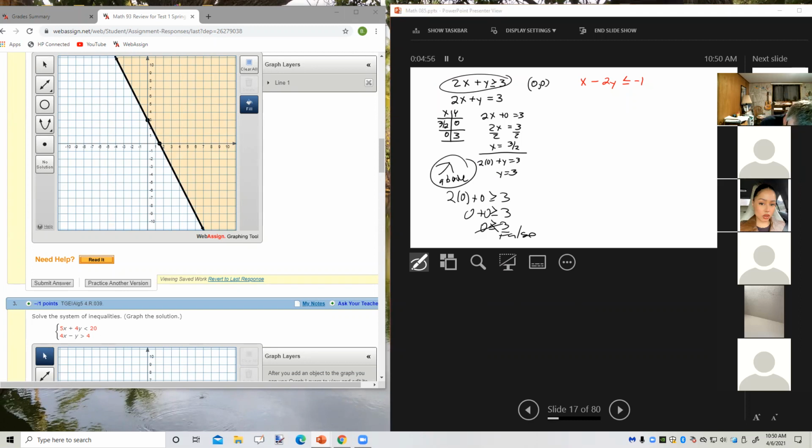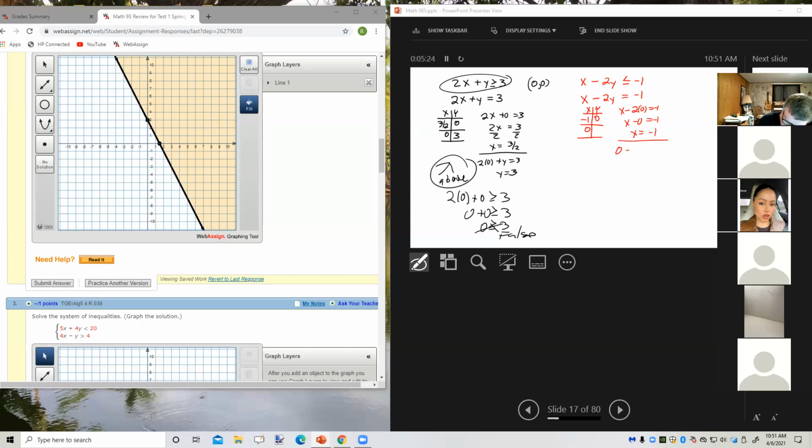So we're going to take the inequality and write the related equation. We'll find two ordered pairs. Again, I'll use the intercepts. If y is 0, x minus 2 times 0 equals -1, x minus 0 equals -1, x equals -1.